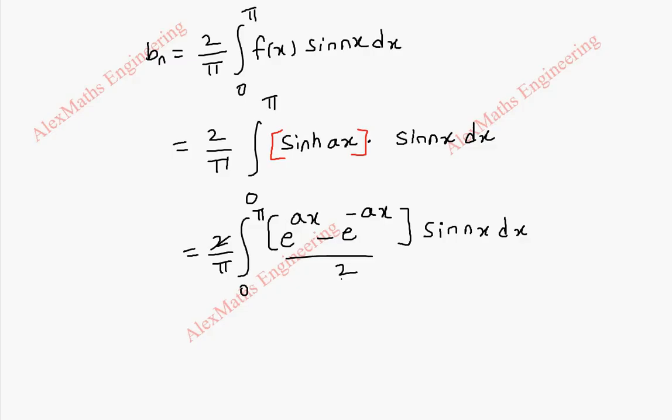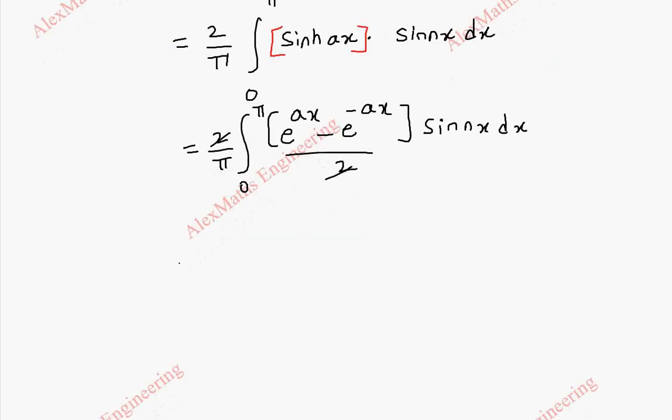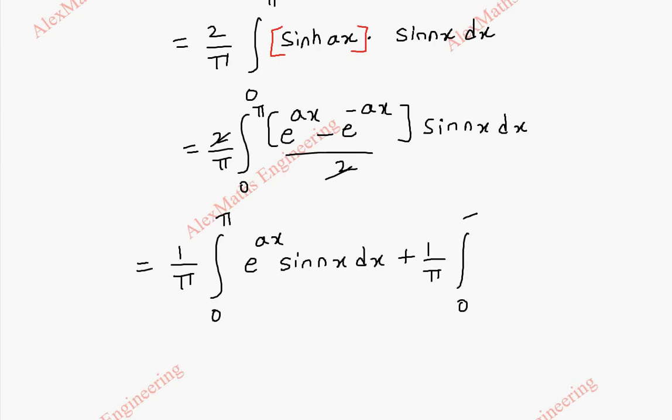So this 2 and 2 we can cancel. We can take this as 1 by pi integral 0 to pi. I will expand this. So e power ax into sin nx is one term dx. Again 1 by pi integral 0 to pi e power minus ax. Since there is a minus sign, we keep minus here, and this is sin nx dx.